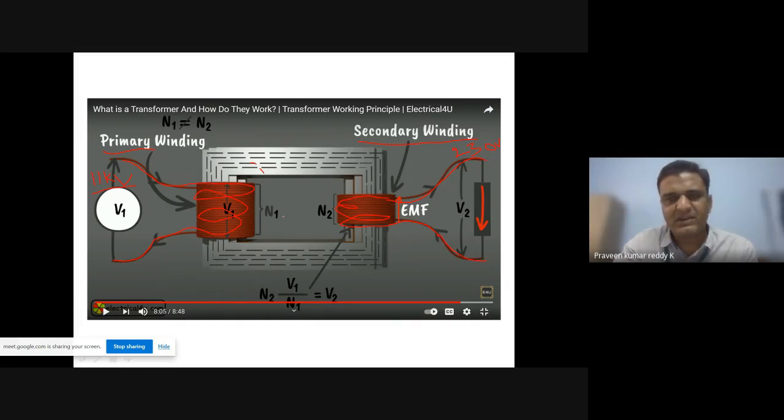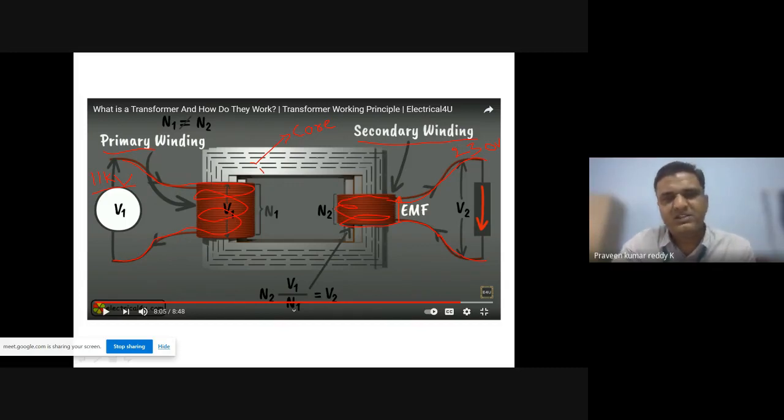One primary winding and one secondary winding. Two windings will be there, which are wound on a metal body, which is called the core of the transformer. So these two windings are wound on a metal steel core body.